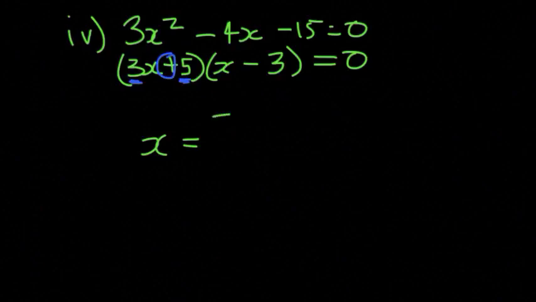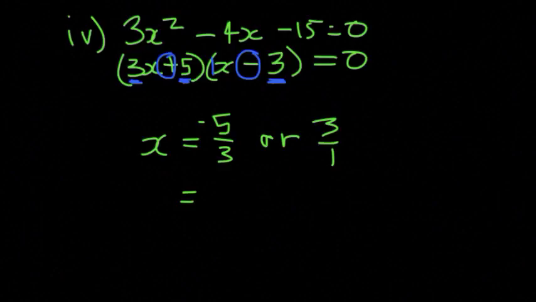So it'll be minus 5 over 3. Or we look at this number, the 3, and divide it by the 1, and then we change the sign. So it'll be positive 3 over 1. So we would normally just write that answer as minus 5 over 3, or 3. They're the two values of x that will make this true.